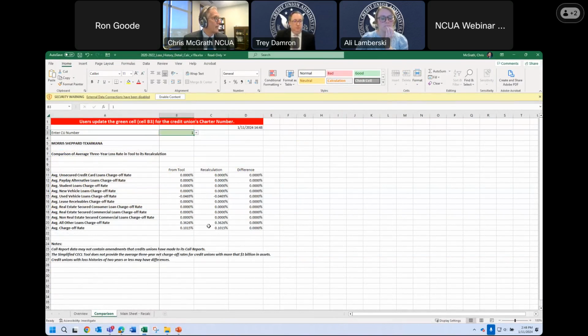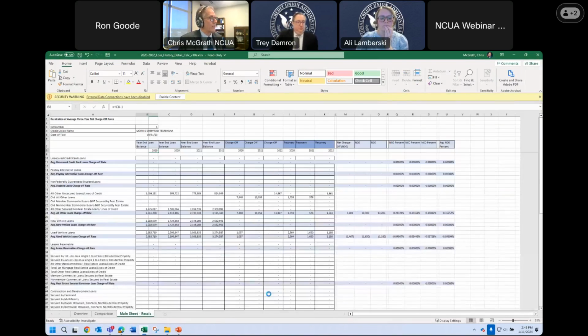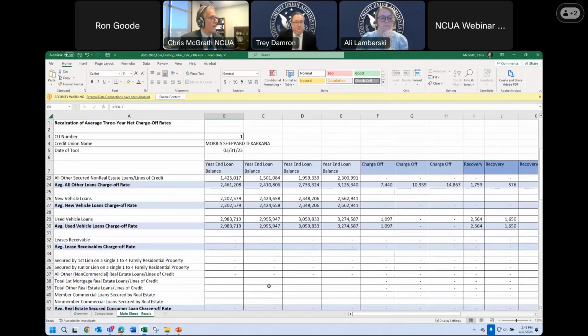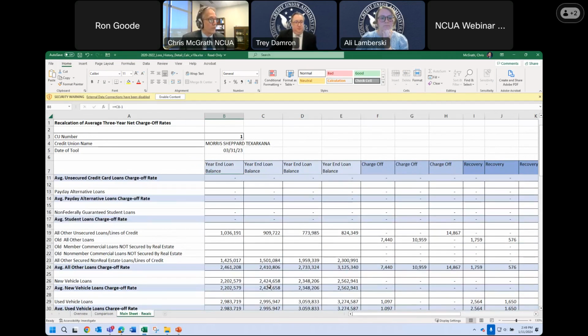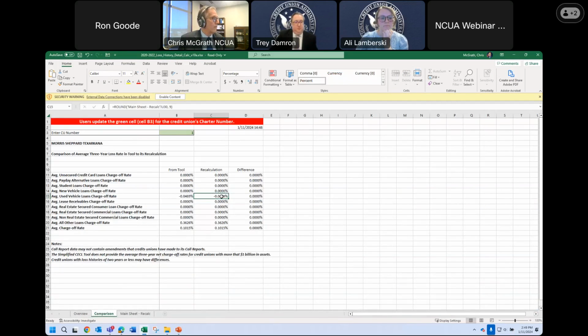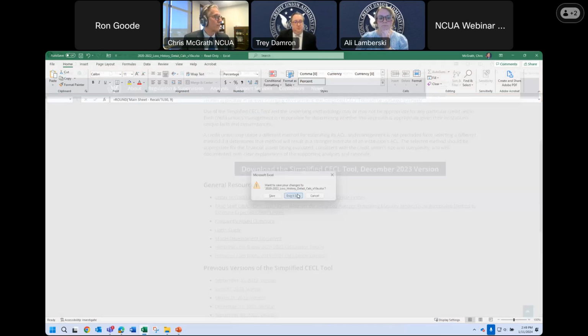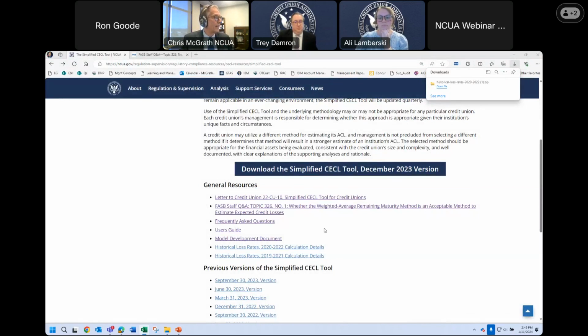And basically, this shows the value that's in the tool. And then if you click on the main recalculation sheet, although this is very small, this shows all the numbers used to get to the average net charge-off rate that's in the tool. Okay, so those are some nice little tools and documents that you can take a look at.